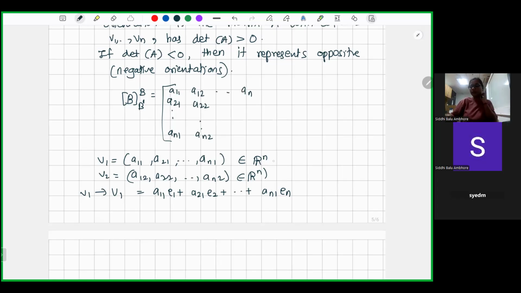In general, Vi will be A1i, A2i, ANi in Rn. And this is nothing but the matrix A formed with columns V1, V2, Vn.